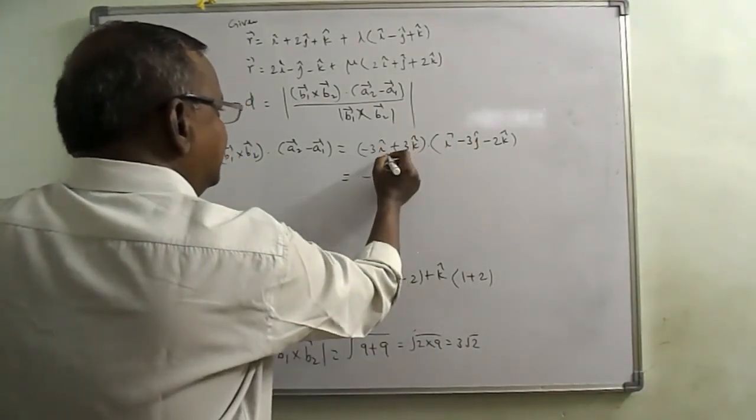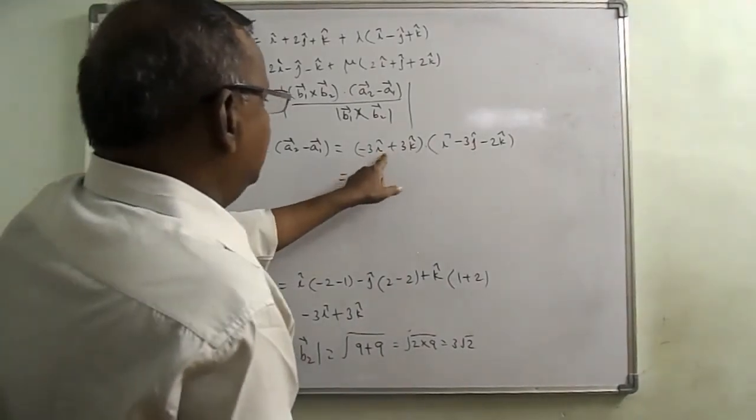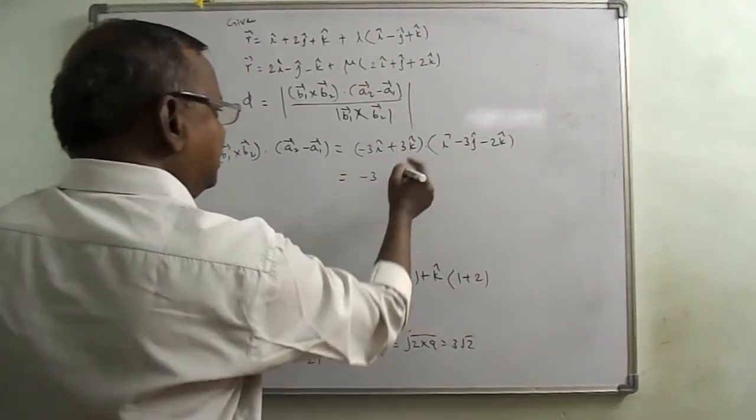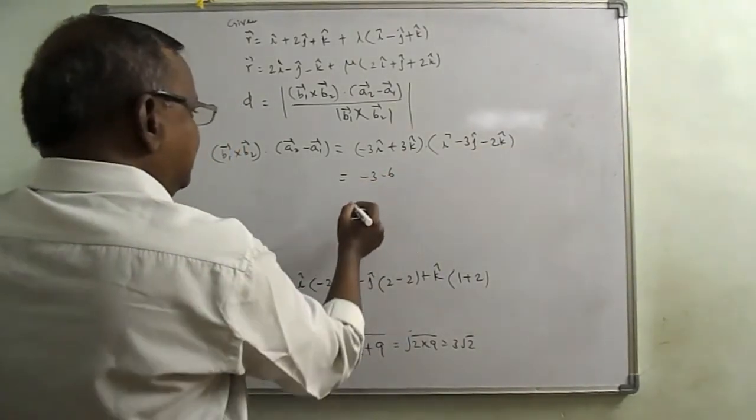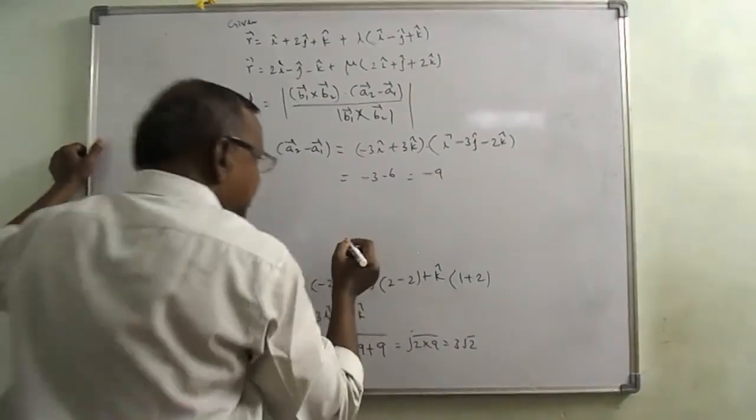Because if there is no j vector, that becomes 0 j cap. Only the like components should be multiplied. 3 into minus 2, minus 6. Okay, that is equal to minus 9.